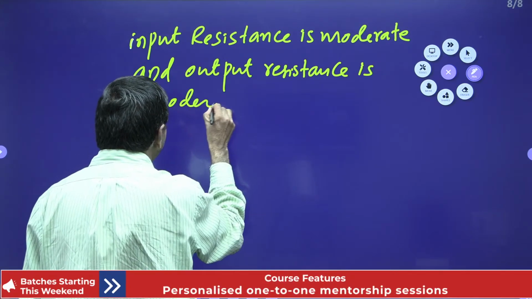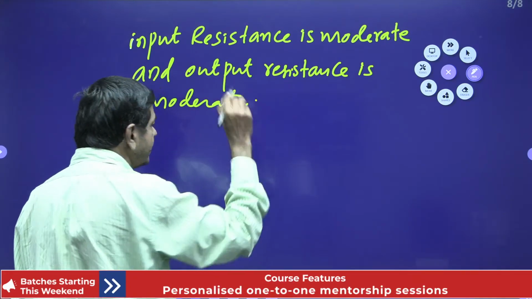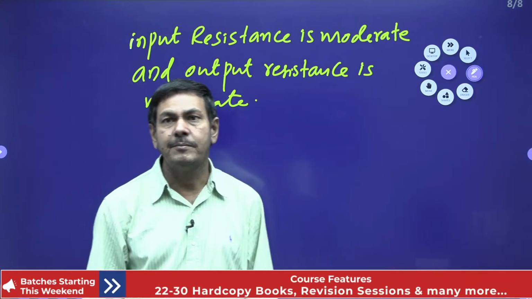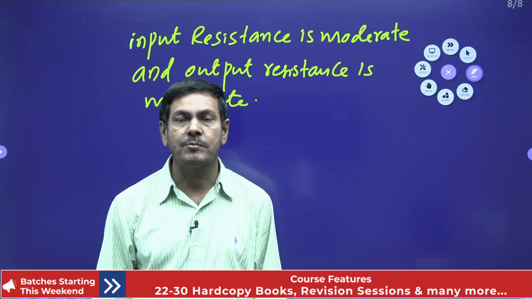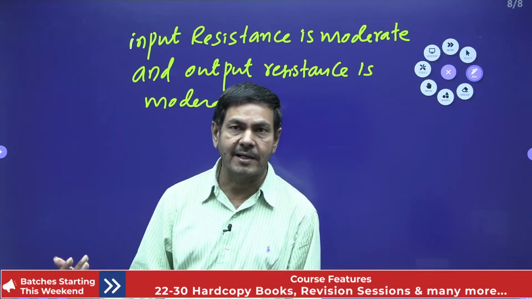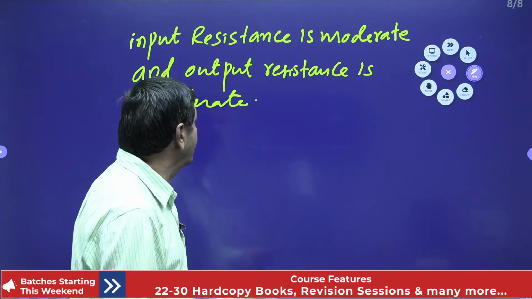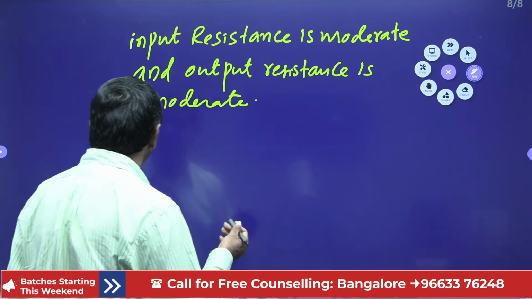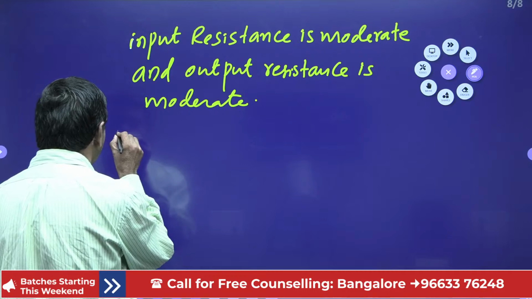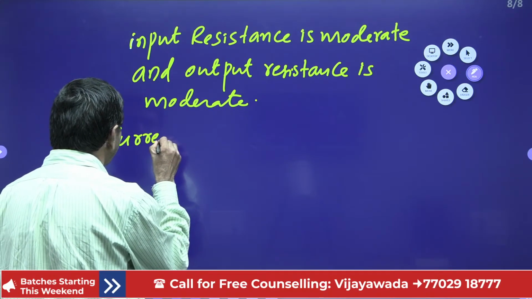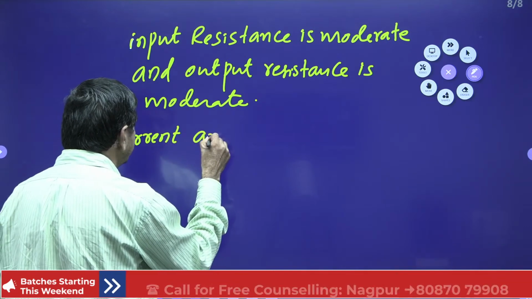But in common base configuration, what I said was the input impedance must be low and the output impedance must be high. Here both are moderate only. Understand my point. And what about the current amplification factor? Current amplification.